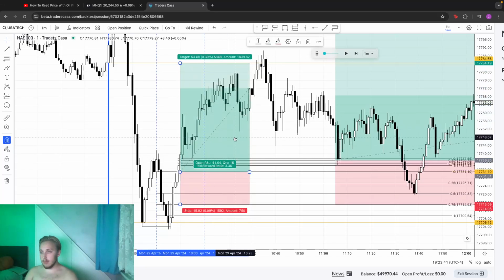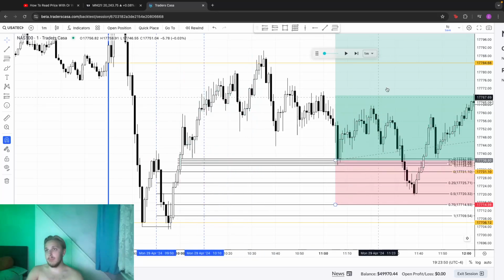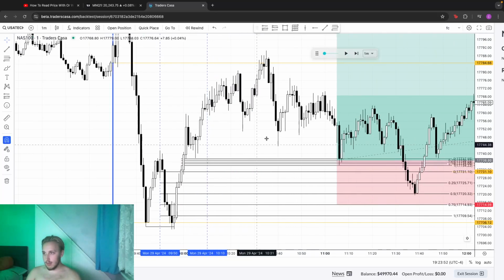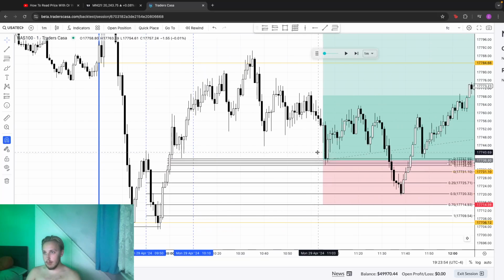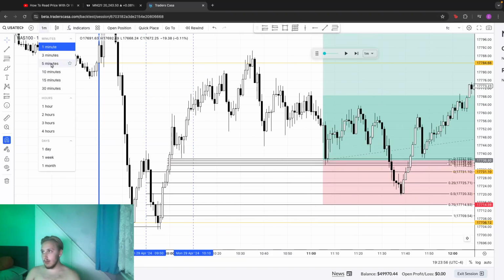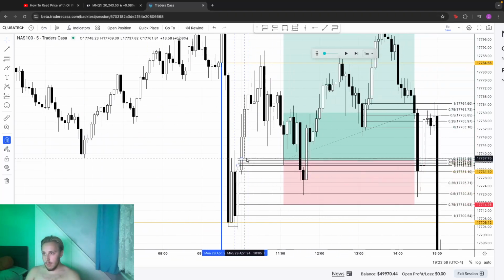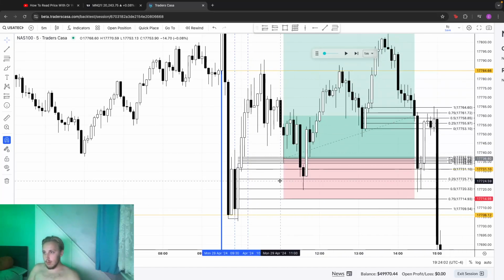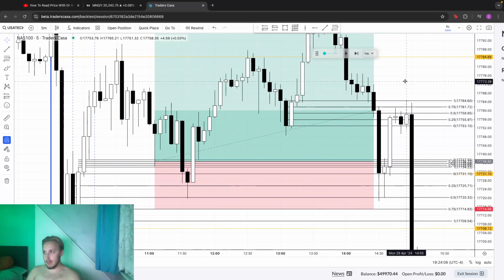Yes, we would have closed about 1.7 R and then got stopped in profit. But yeah, Trader Casa is a bit buggy, so I just kept my limit on here, which is also a 5-minute gap right here.